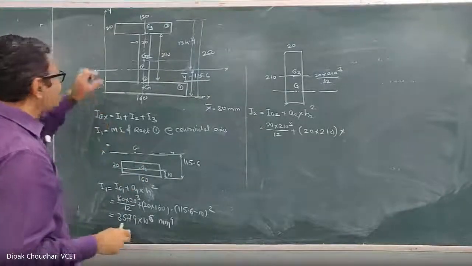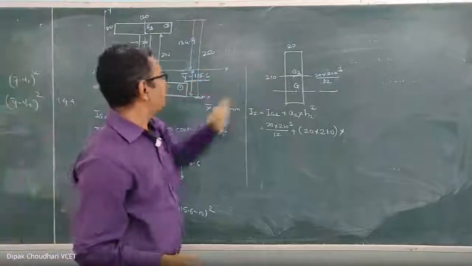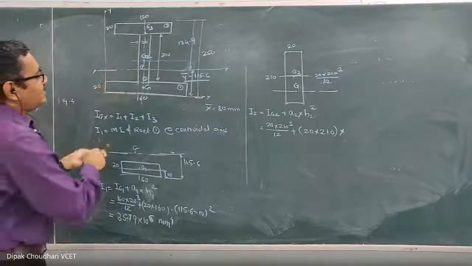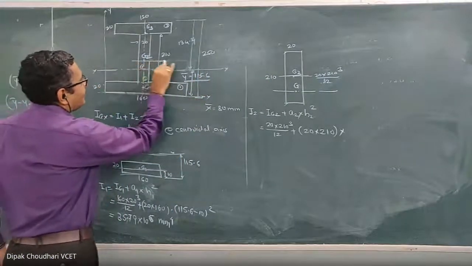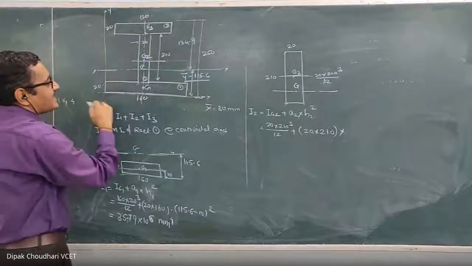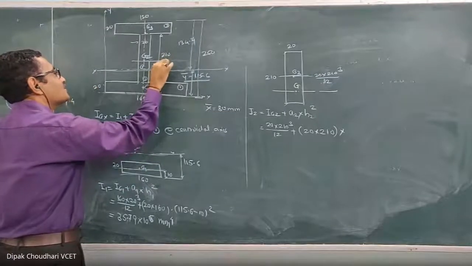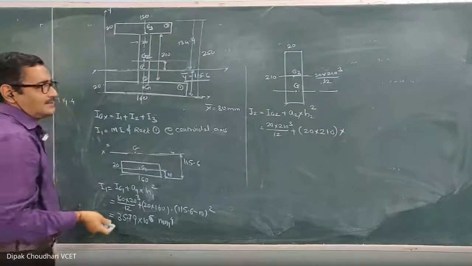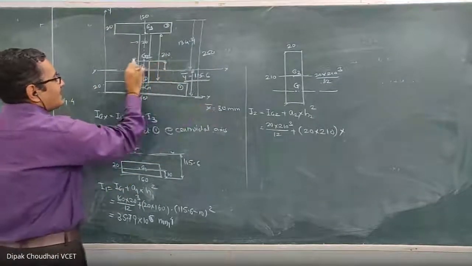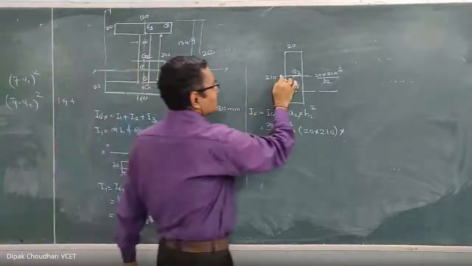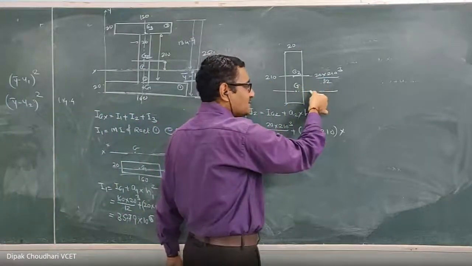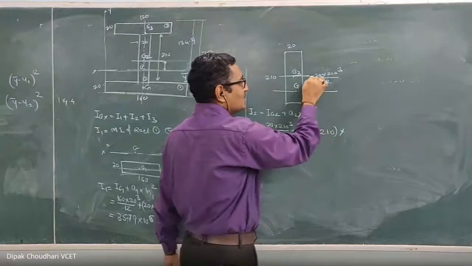Now, how to calculate this distance between these two parallel axes? Listen. This is the centroid of that second lamina, the second rectangle, and this is the centroid of the entire lamina. We have to calculate the distance between these two for the parallel axis theorem, because initially we have calculated the moment of inertia of this rectangle about its own centroidal axis, and from here we have to shift, transfer it to here. So you will require this distance.